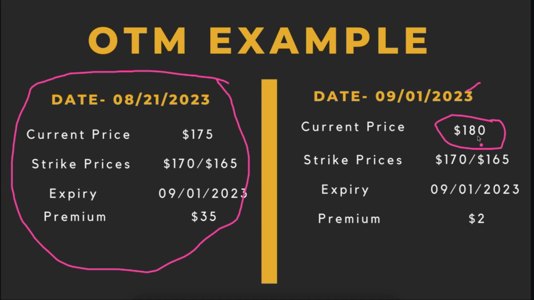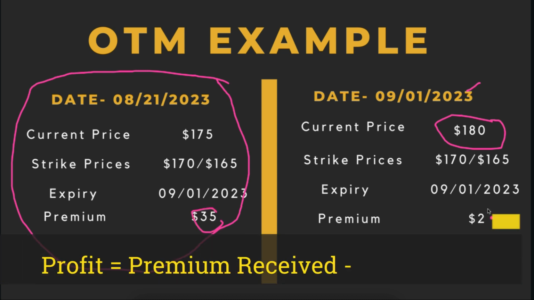The current premium could be maybe $1-2, or anything. You would have already achieved almost 98% of the premium that you got, right? If you had received $35, now to close this trade you just have to pay $2 and close it, so that would become a $33 profit on this trade.